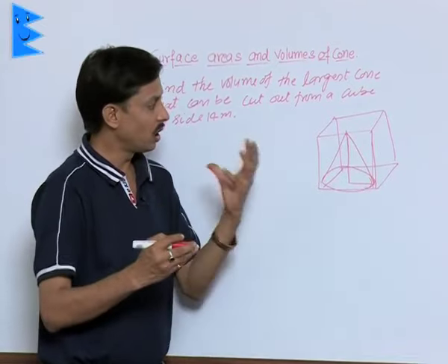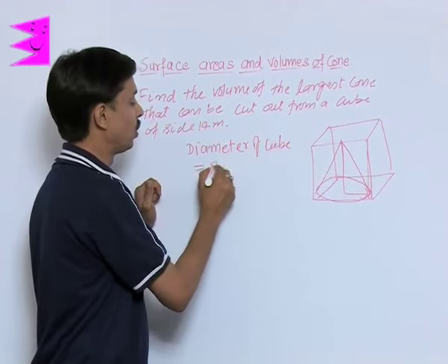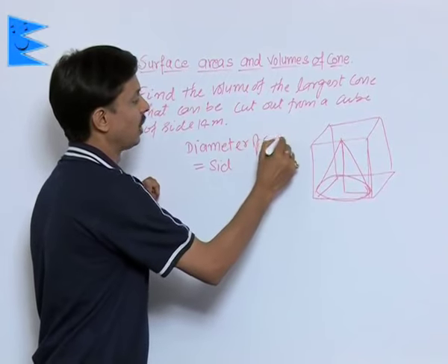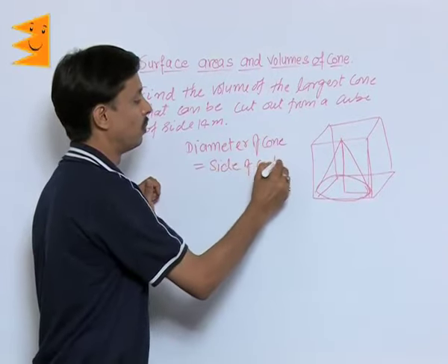In the case of the largest, the diameter of cone is equal to side of cube. That is, 2r is equal to 14 meter. This implies r is equal to 7 meter.